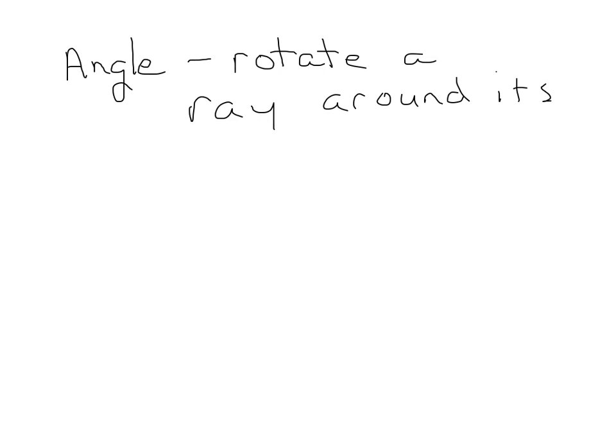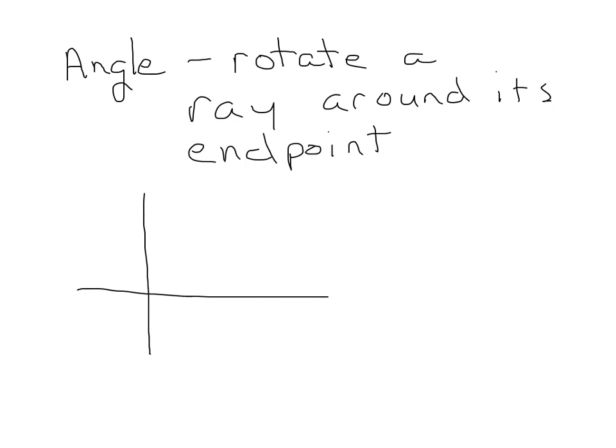We're thinking more in terms of rotation than necessarily two separate rays that are joined at their endpoint. If we are talking about angles in trig, an angle that's in standard position will have the vertex at the origin, and its initial side will lie on the positive x-axis. This would be the initial side.